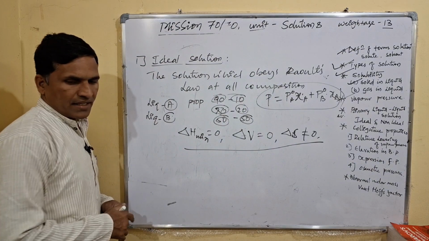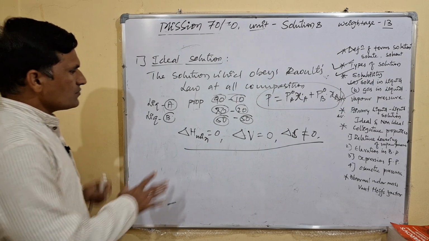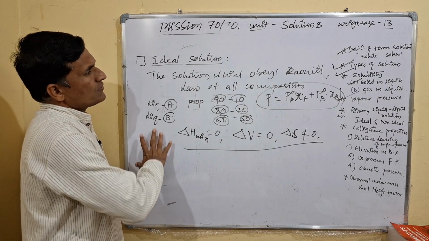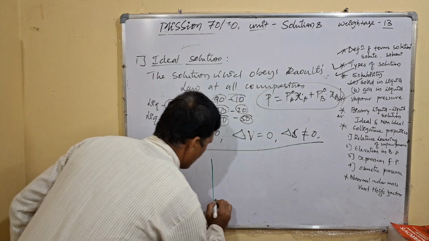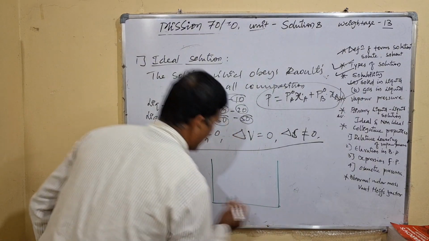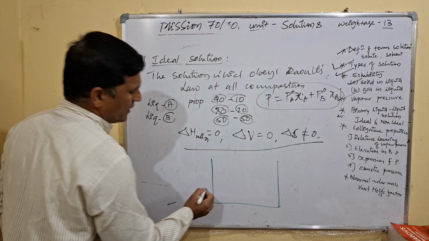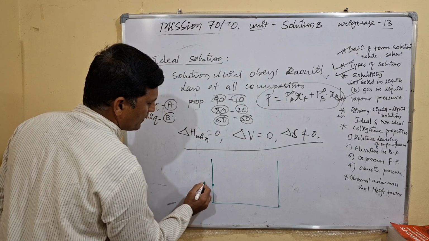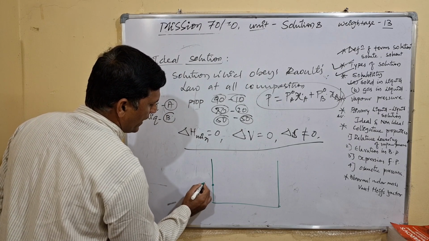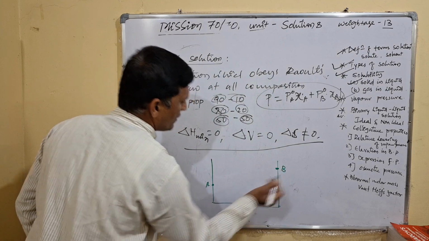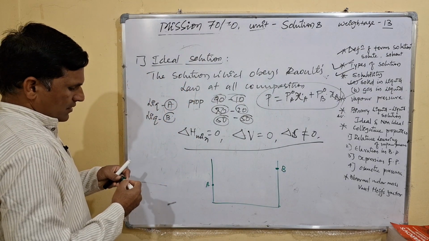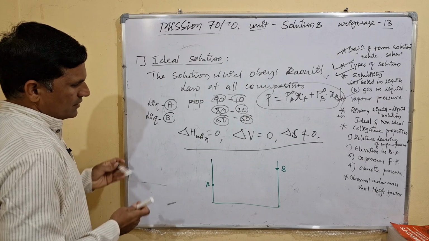Okay, so the next is deviation from ideality. How will we get the nature of the graph when you plot a graph for this ideal solution? Say A has its boiling point as mentioned here, and B has it here.